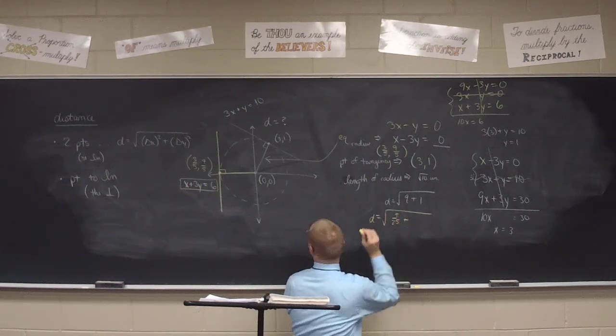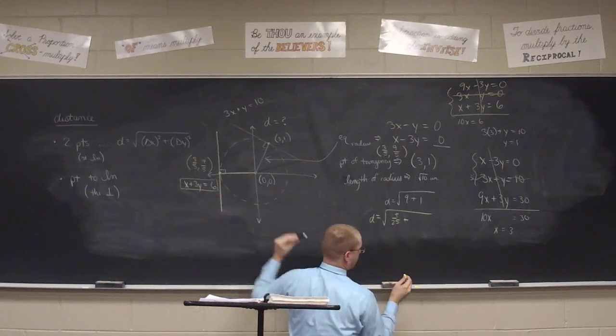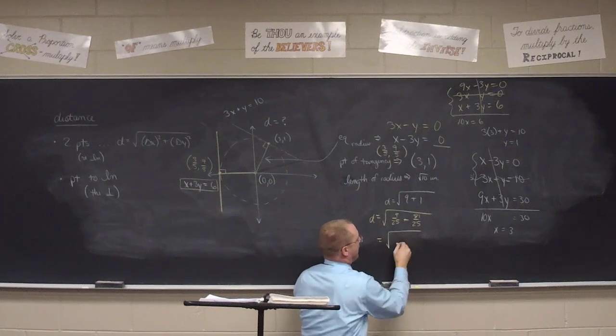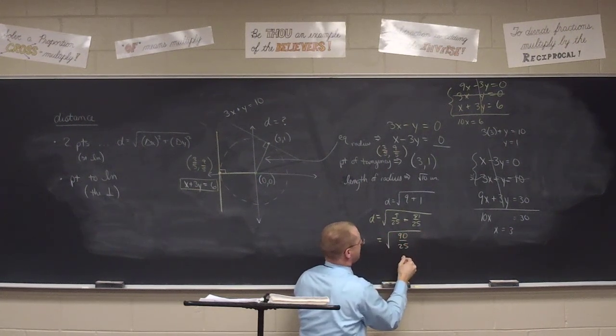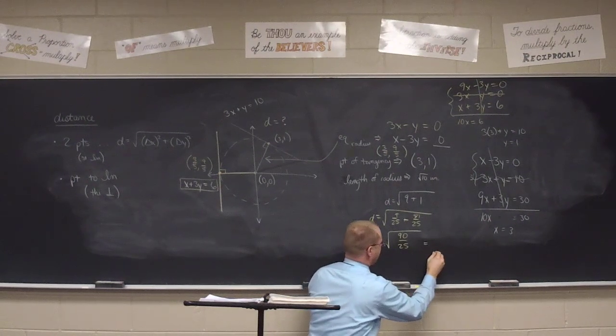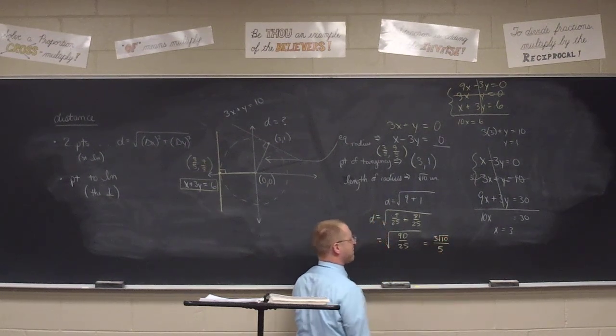And what's the change in y? 9/5 squared, 81/25. That gives me the square root of 90/25. Something's not right here, because that gives me 3 times the square root of 10 all over 5.